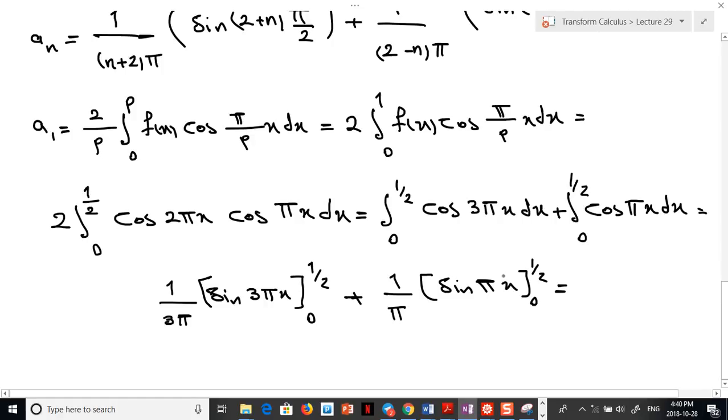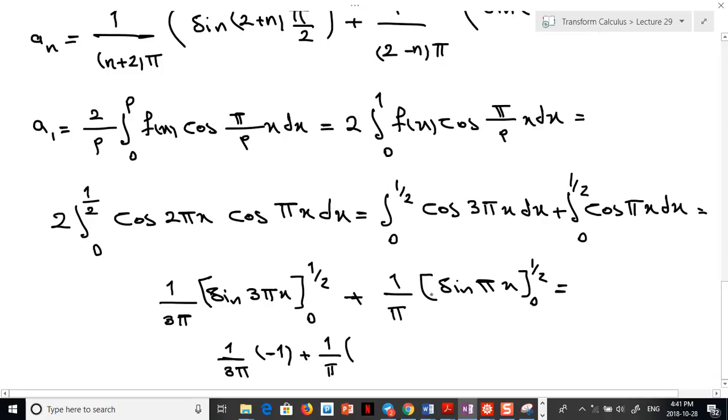So if I apply the upper limit, here I have 1 over 3 pi sine 3 pi over 2. Sine 3 pi over 2 is minus 1, plus 1 over pi.